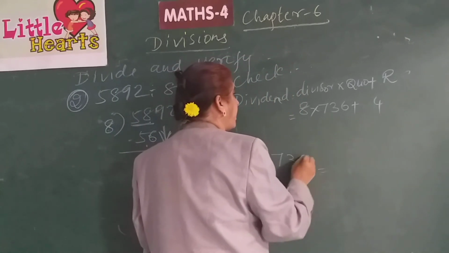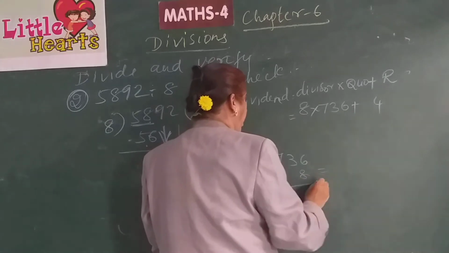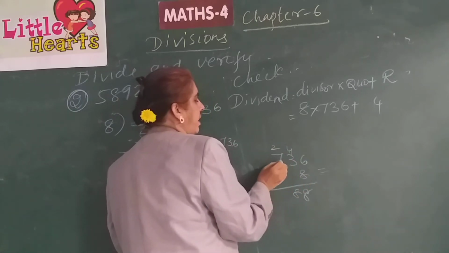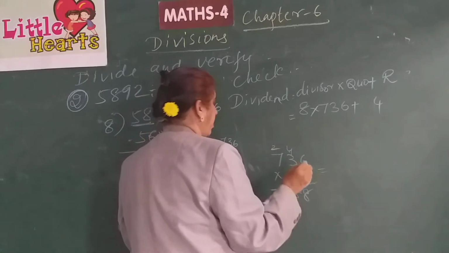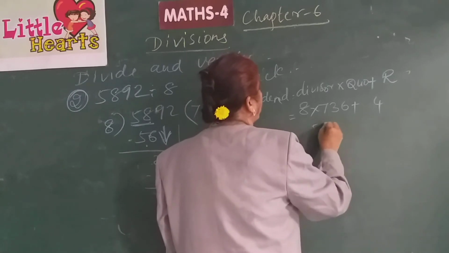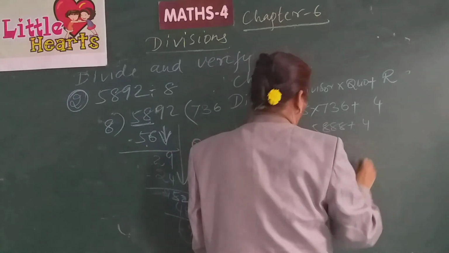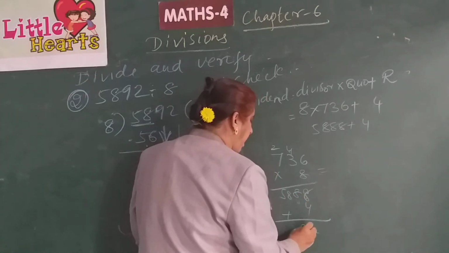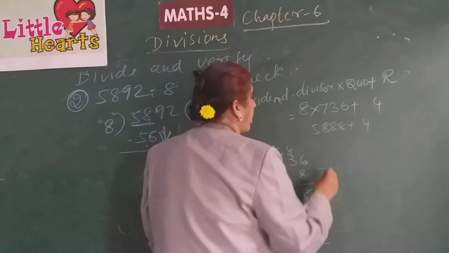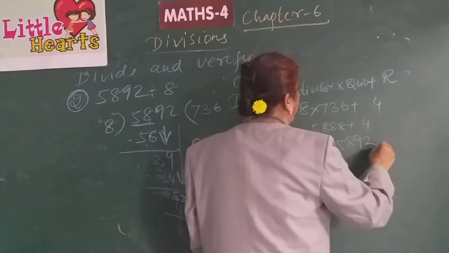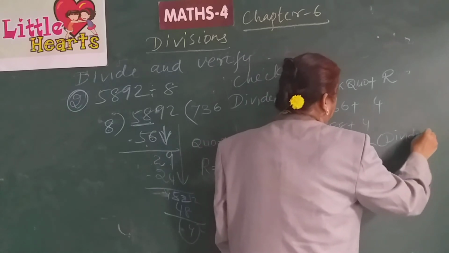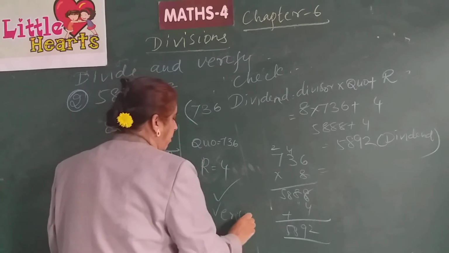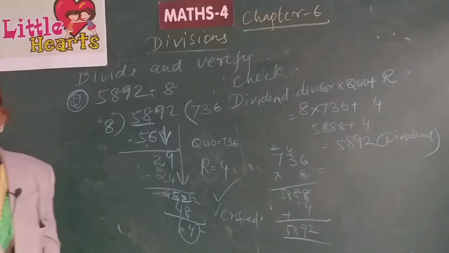First let us multiply 736 and 8. 8 6s are 48, 8 3s are 24 plus 4 is 28, 8 7s are 56 plus 2 is 58. 5888 plus 4 is 5892, the dividend. So our division is verified, our division is correct. In this way you need to check division.